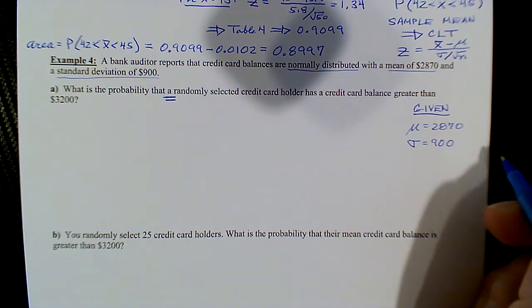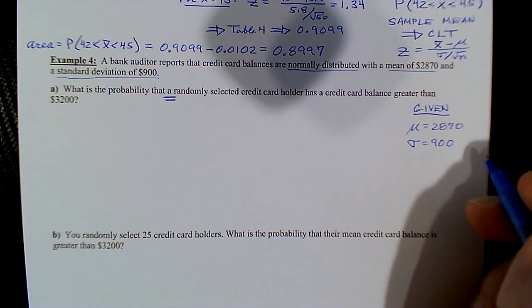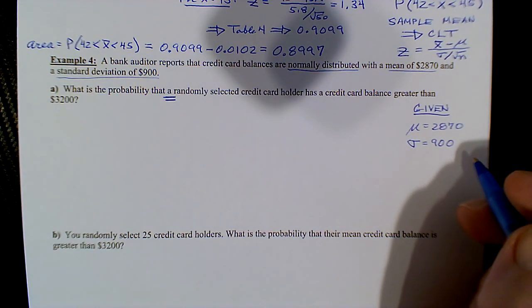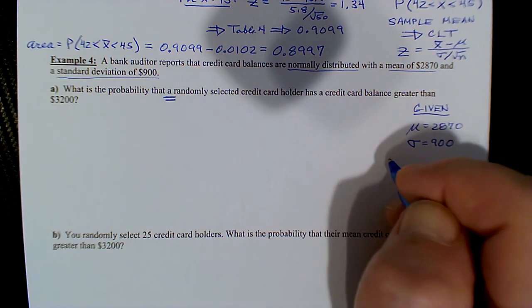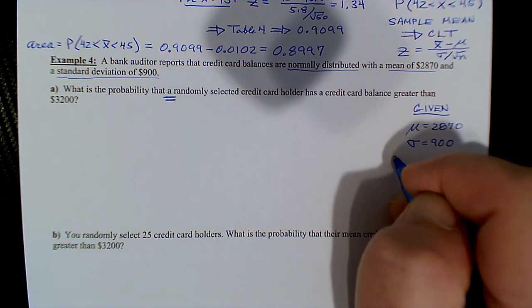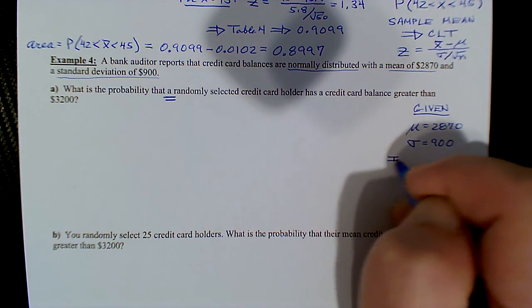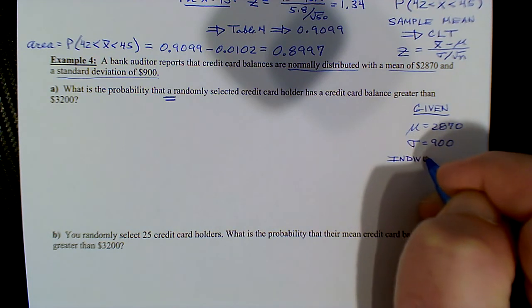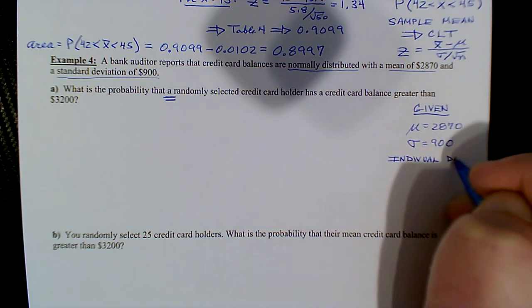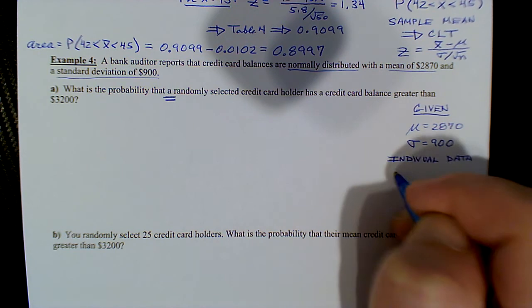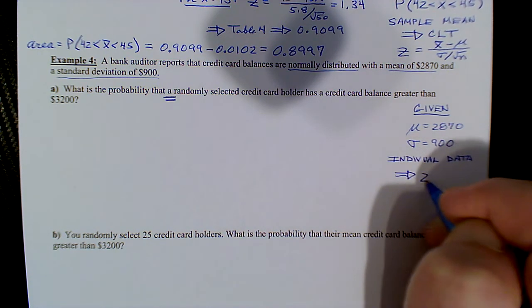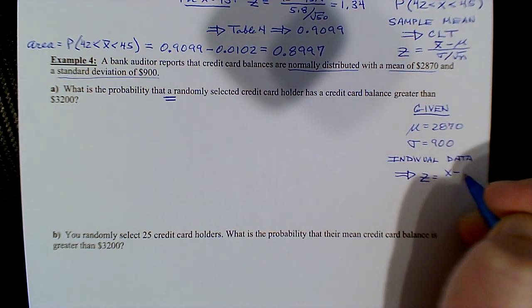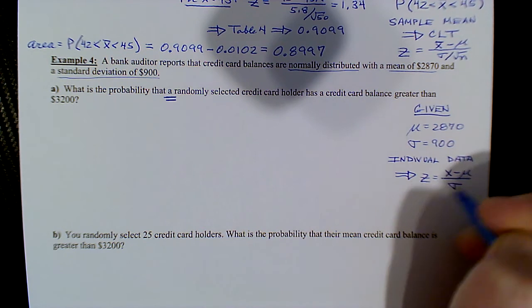Keyword being a single piece of data. So since we're talking about an individual piece of data, then the z-score formula is just x minus mu over sigma.